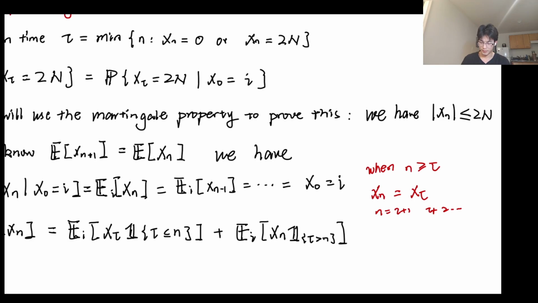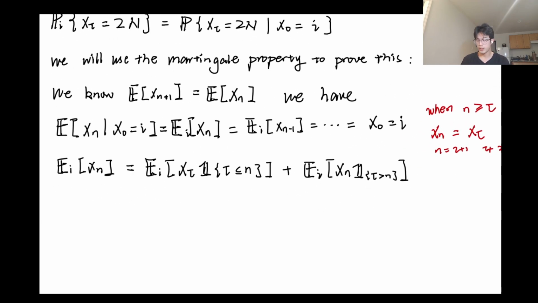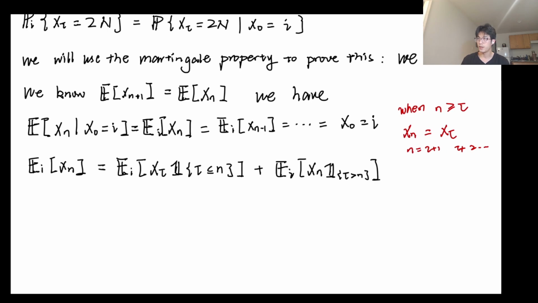Now we can divide this into two cases. Either tau is smaller than or equal to n, or tau is greater than n, another way to say n is smaller than tau. These are two disjoint sets, and we can separate them using an indicator function.